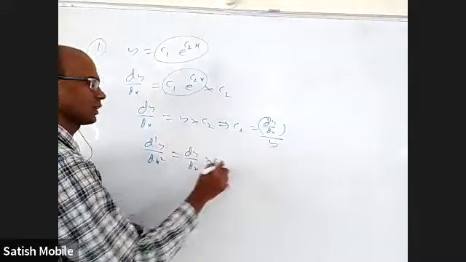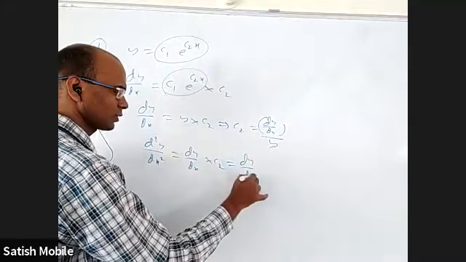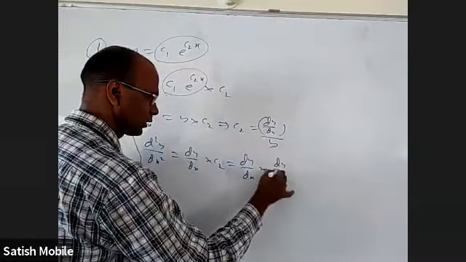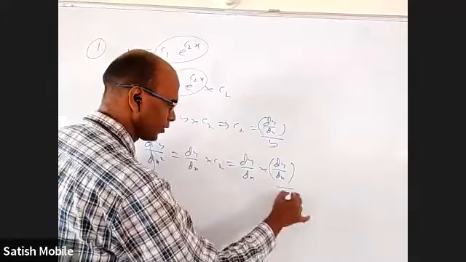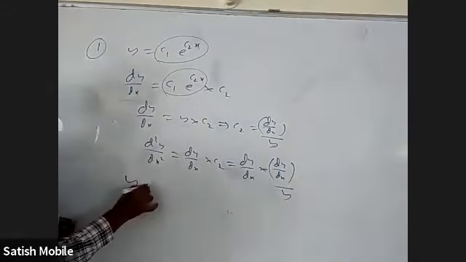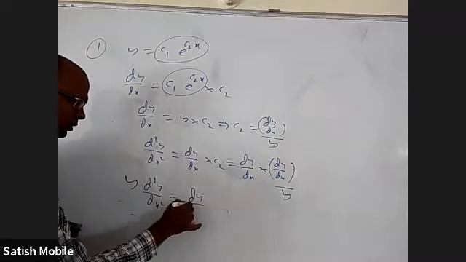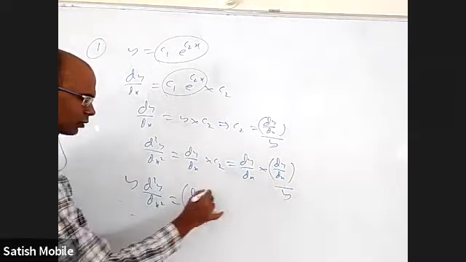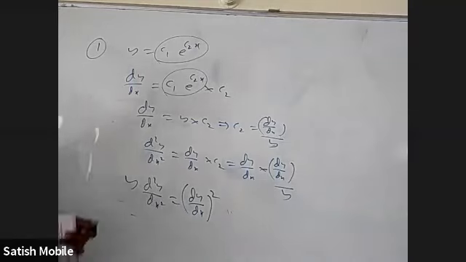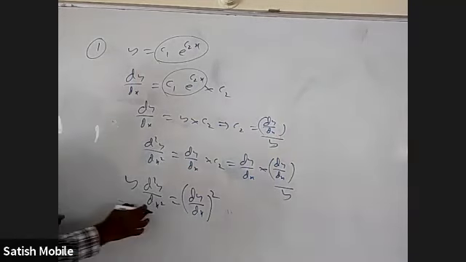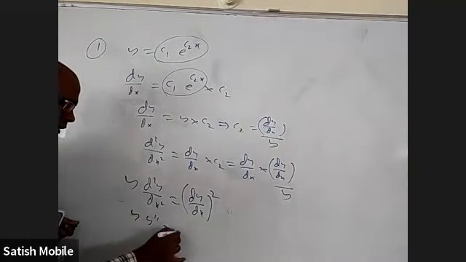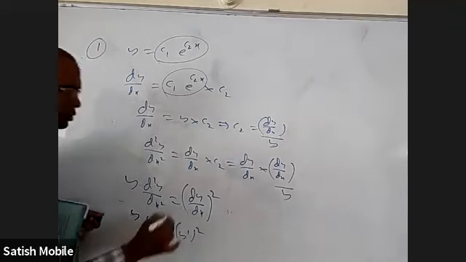So I can write here, d square y by dx square is equal to dy by dx into dy by dx by y. If you bring this y here, we'll get y d square y by dx square is equal to dy by dx whole square. They might have written this as y double dash, and this as y dash whole square.